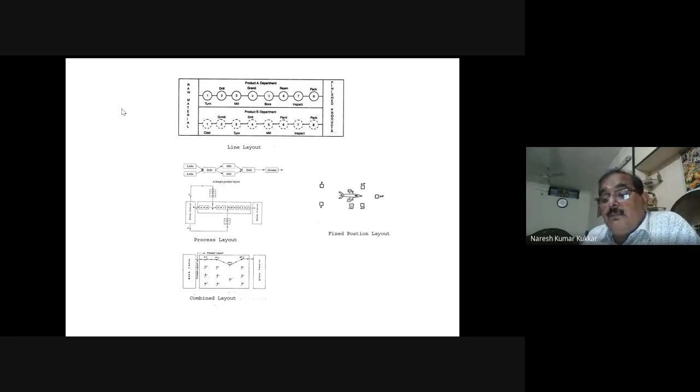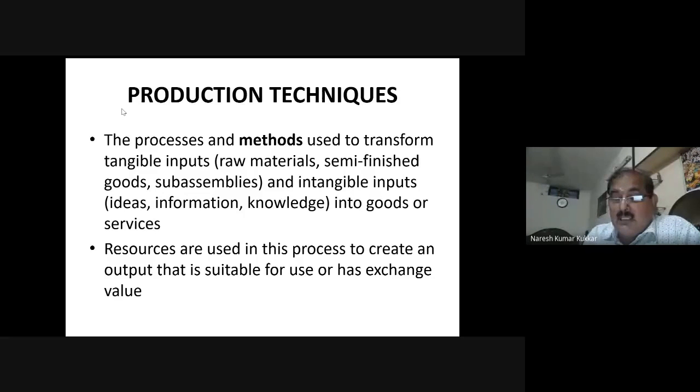Everything will come to the aeroplane. If you want to fix the blades, the mirrors, or anything, seats, then this thing will come to the plane. That is called a fixed position layout, where there is no change in the basic product. So these are the things.